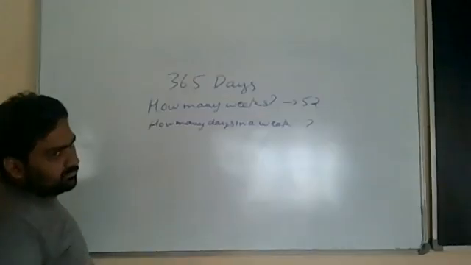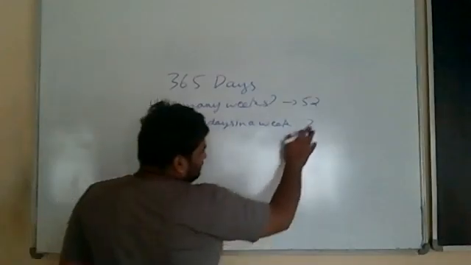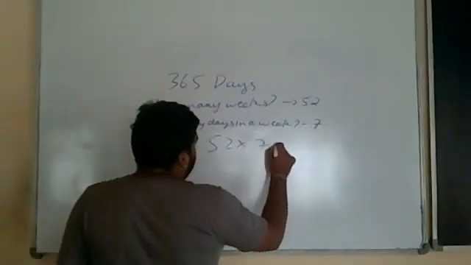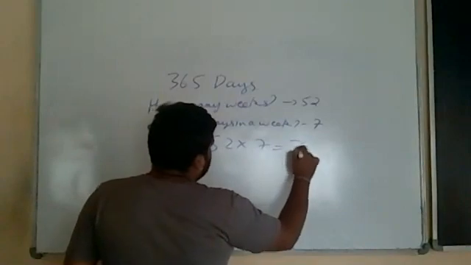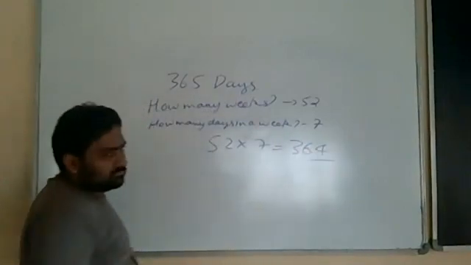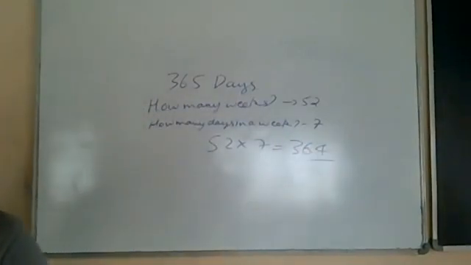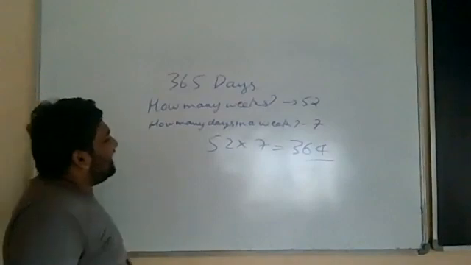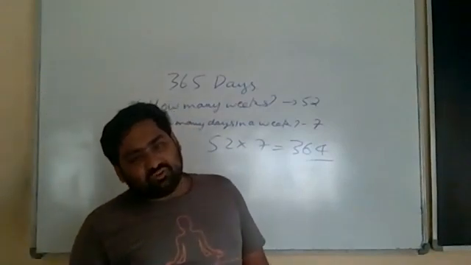How many days in a week? 7. So 52 into 7 should give me how much? 365? No, it is 364. One more error. Correct? 52 into 7 is going to give me 364, not 365.